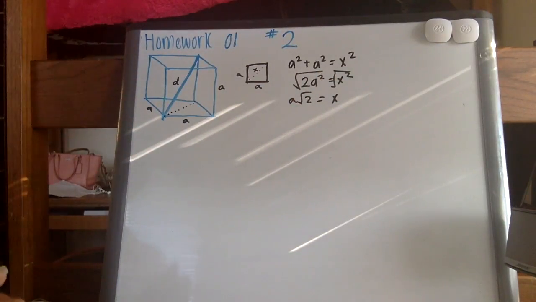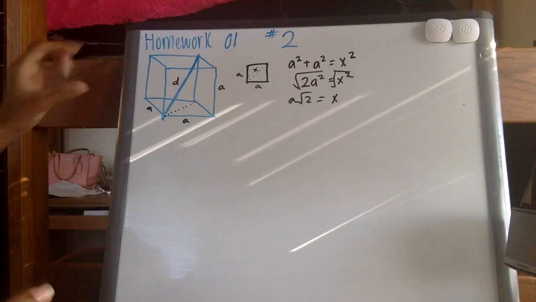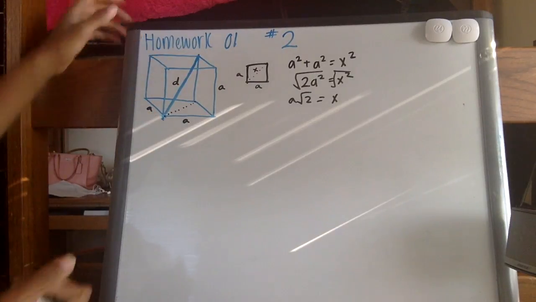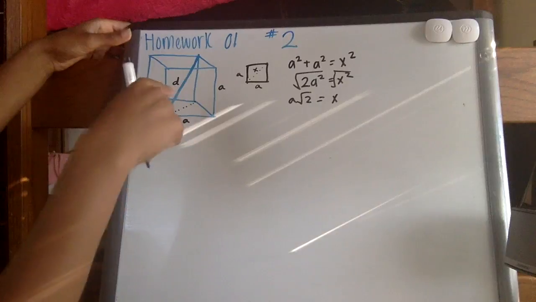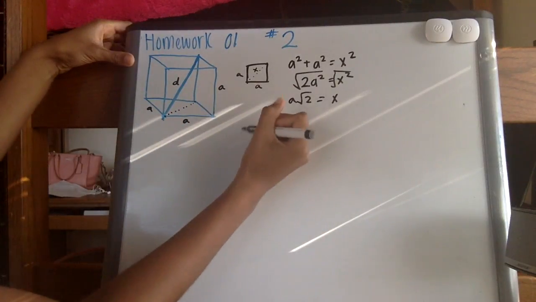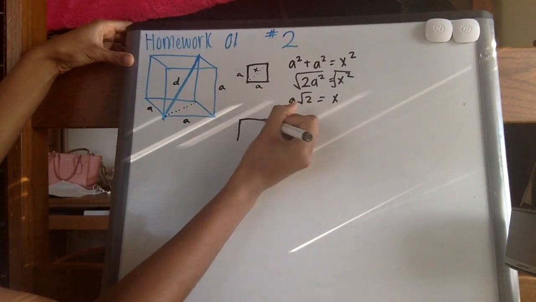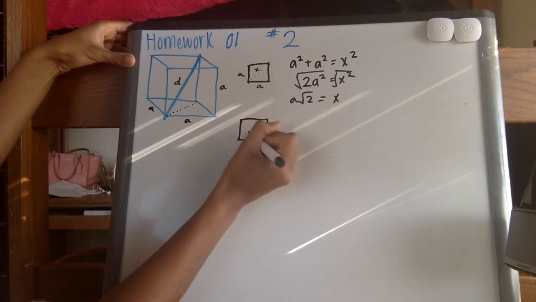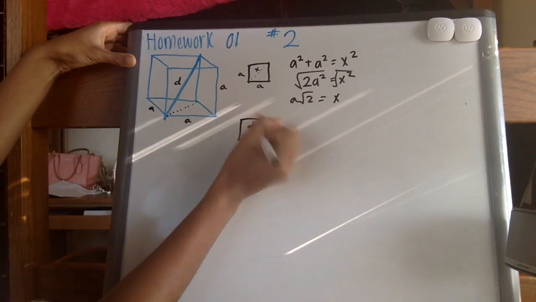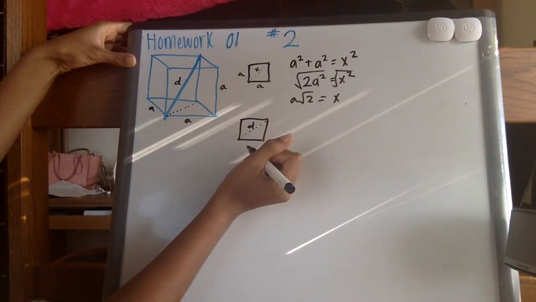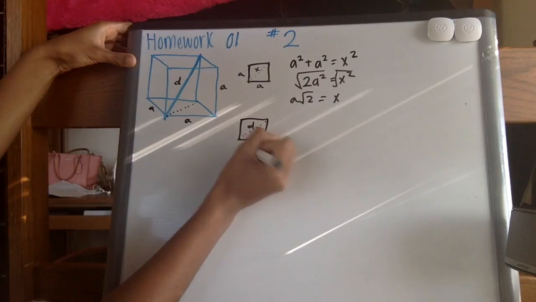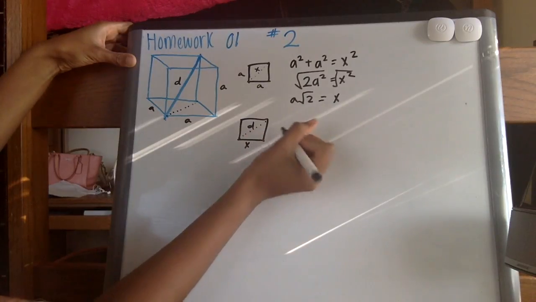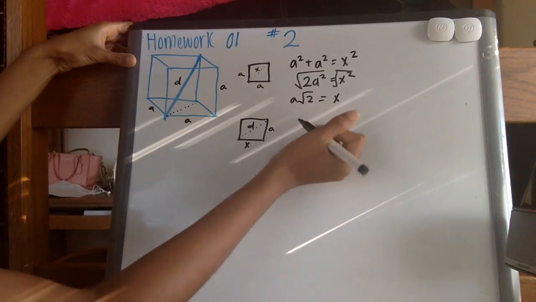And so that's from looking down. But now we're going to add in our third dimension and look from the front. That's going to look pretty similar, except now we can call it d because we're representing the 3 dimensions. So this is d, this is what x was, and this is a.